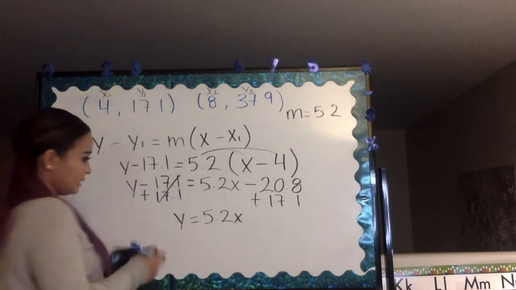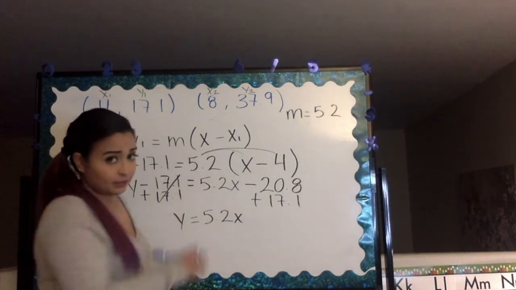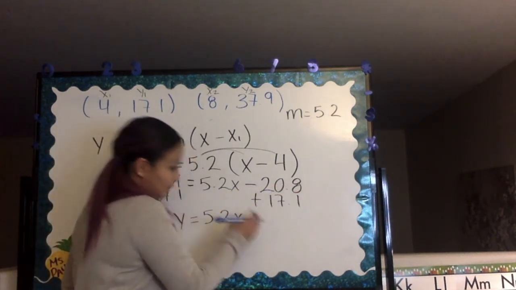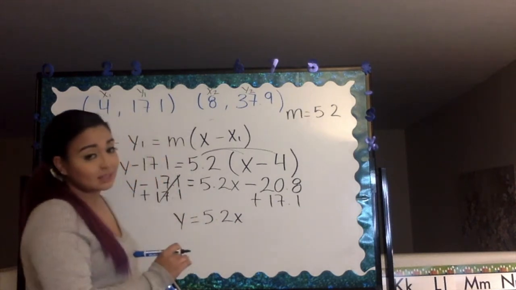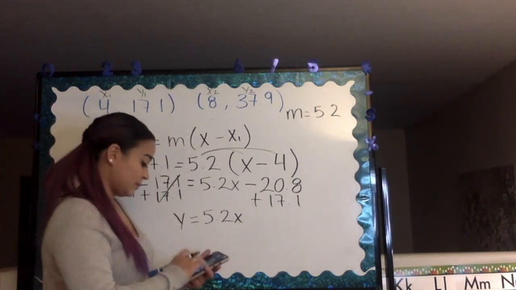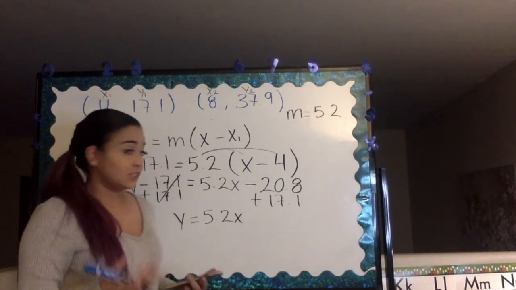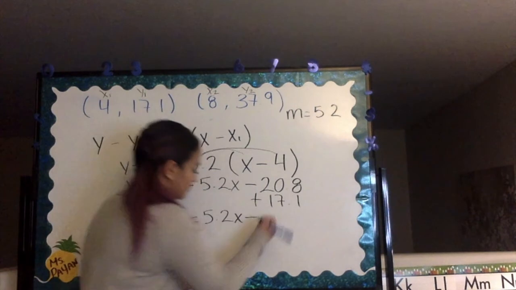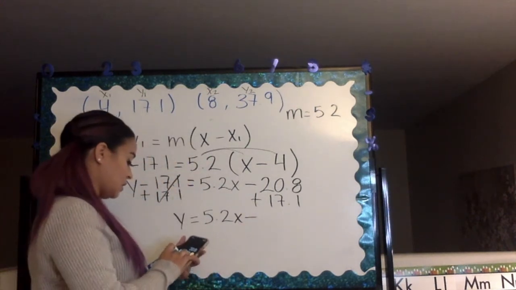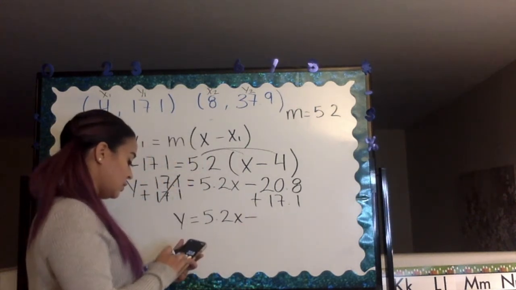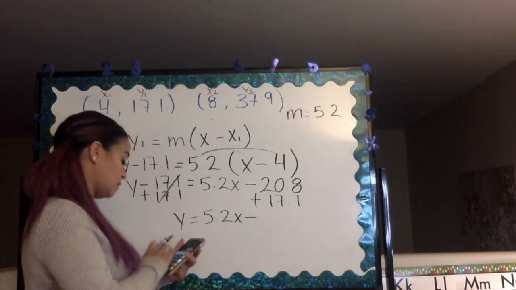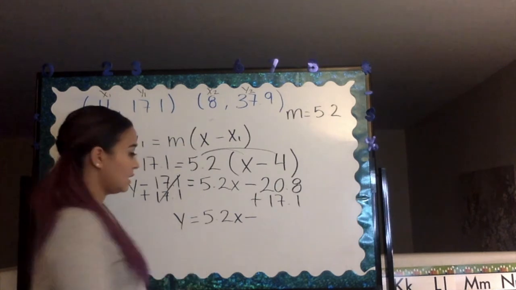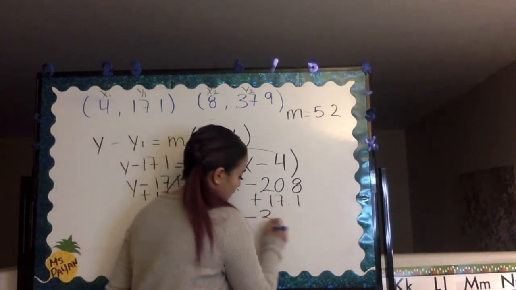And now here, we have negative 20.8 plus 17.1. Our larger number is 20.8, and that one's a negative. So our answer will be negative. So we're going to be subtracting 17.1. That gives us 3.7.